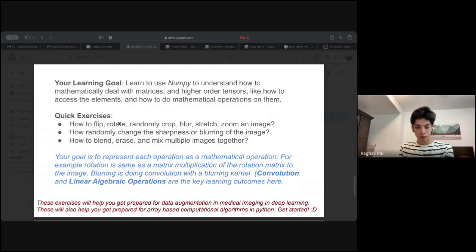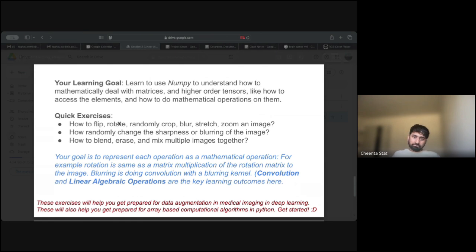Okay, very good. So next is this quick exercise that I want you to do. I want you to study all these exercises because these are all important. So you understand what flipping an image is. It's a matrix. When you flip an image, I would say this is a step I want you to do.